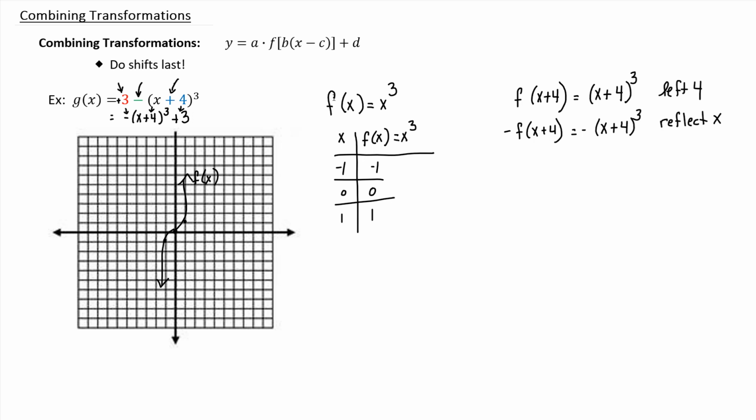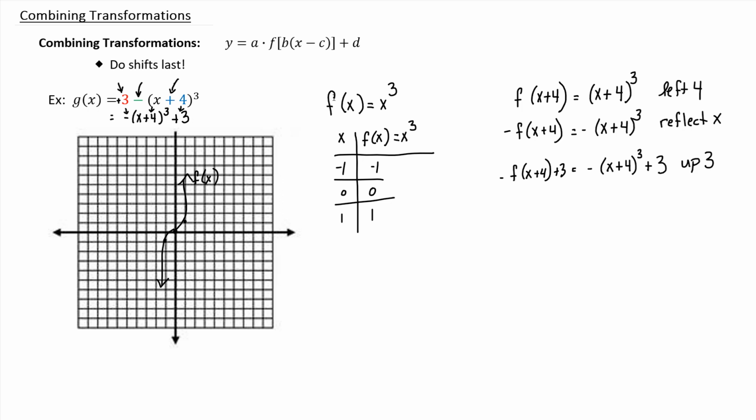And then last but not least, we're taking that function and we are adding 3 units to that whole function. So that's the left-hand side of that equal sign. So if I'm adding 3 to the whole f of x, I know that's vertical. And since it's adding, I know it's up. So it's up 3 units. So at the end of the day, these are my 3 transformations.